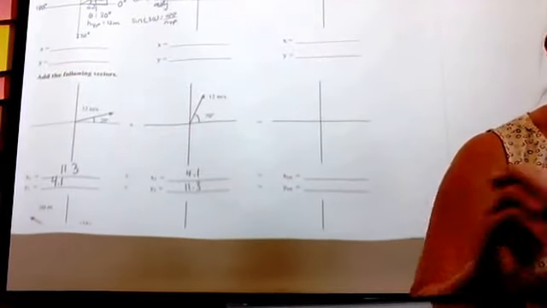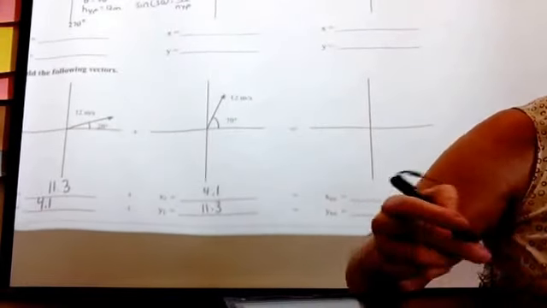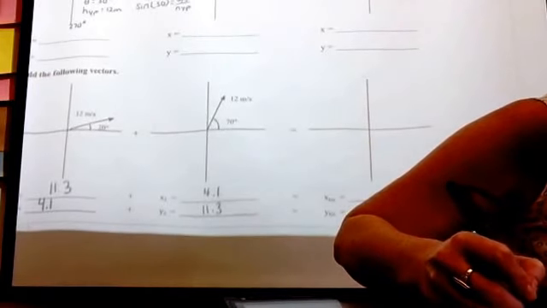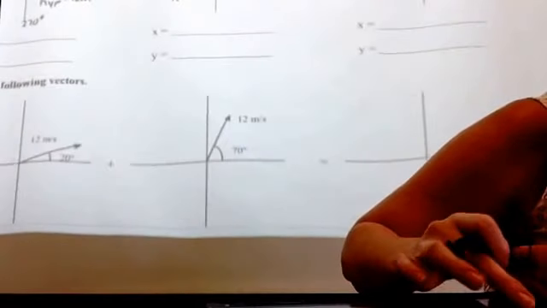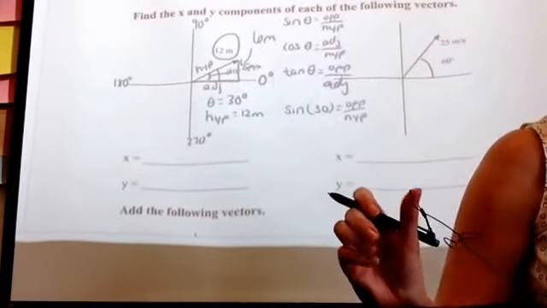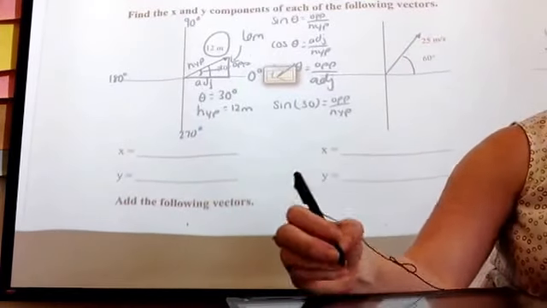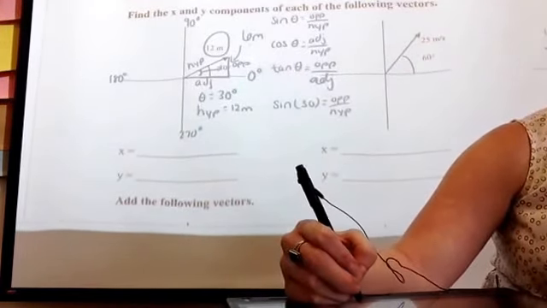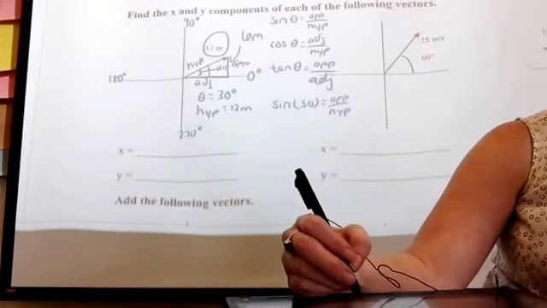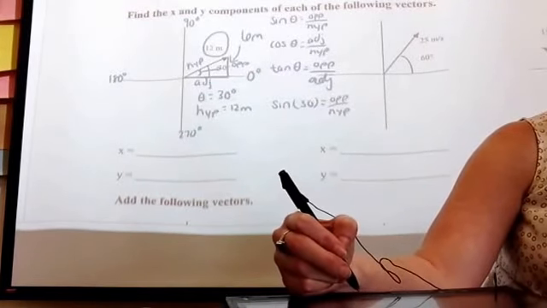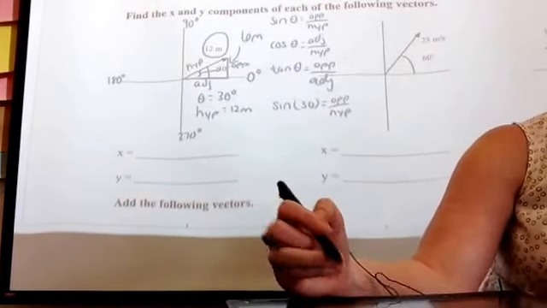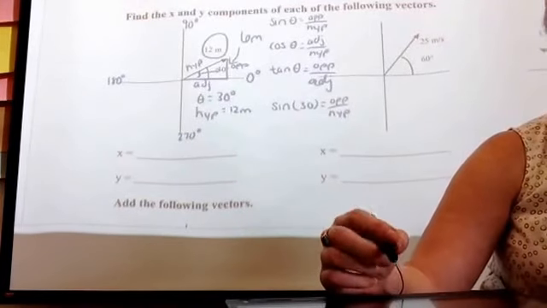And that gives you the opposite. So this side is 6 meters. When you plug in sine 30, you get 0.5. To solve for opposite, you multiply by the hypotenuse. Multiply both sides by the hypotenuse. 12 times 0.5 is 6.